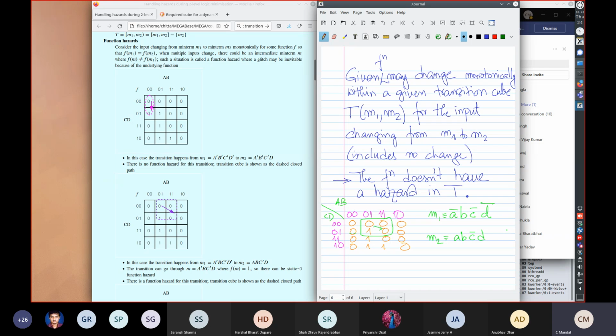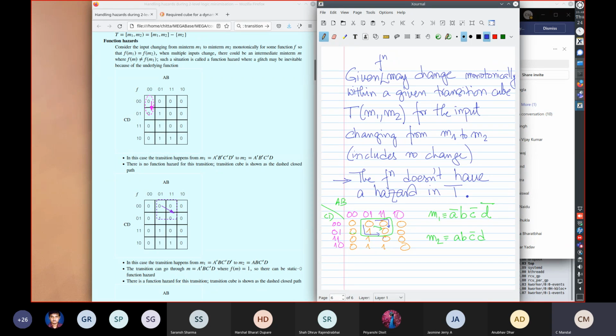So now you see you have two ways. If you consider a single input change, you could either change this way or you could change this way.